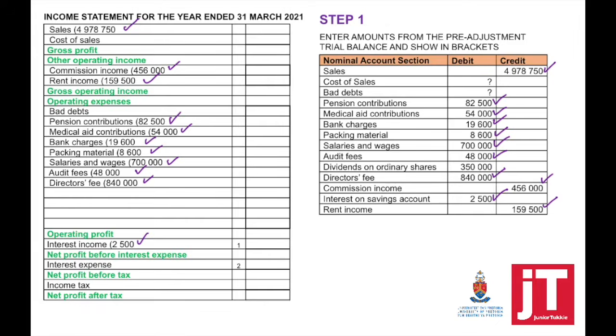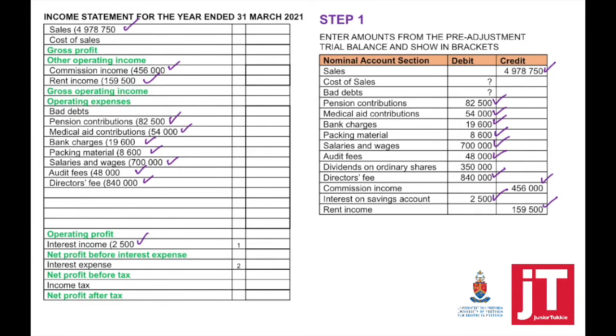Once we've taken everything to where it's supposed to go, you would notice on the nominal account section that I've left out dividends on ordinary shares. Why? Dividends on ordinary shares is an expense, but it forms part of the distributions of profits. So that will go to your retained income note number 8.